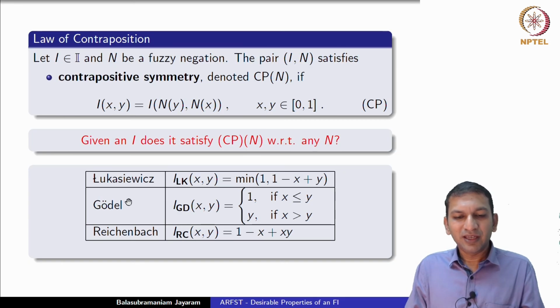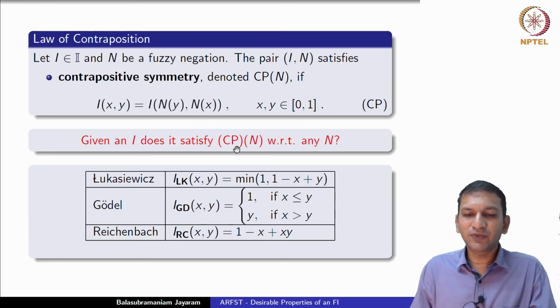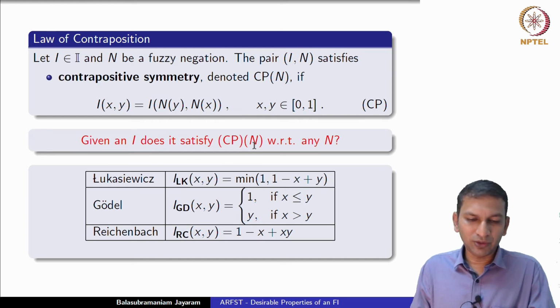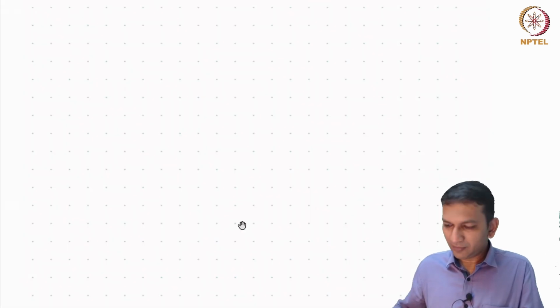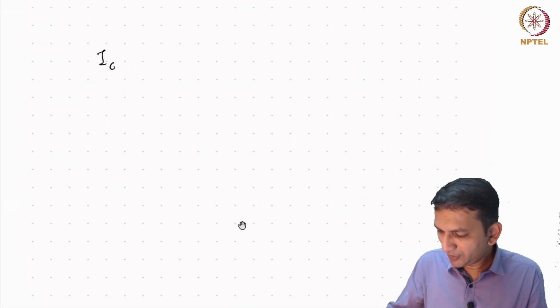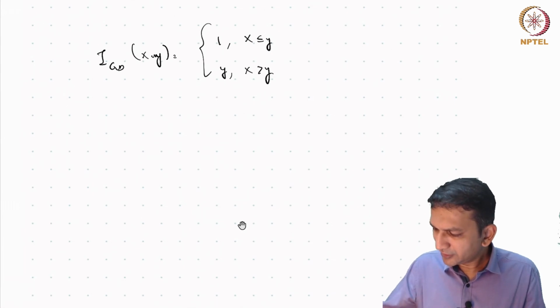But the question is, how do we know, given a fuzzy implication, whether it satisfies the CP with respect to any N at all? For instance, let's do the same with the Gödel implication. So the Gödel implication is 1 if x is less than or equal to y, and y if x is greater than y. So let's take the same 1 minus x.